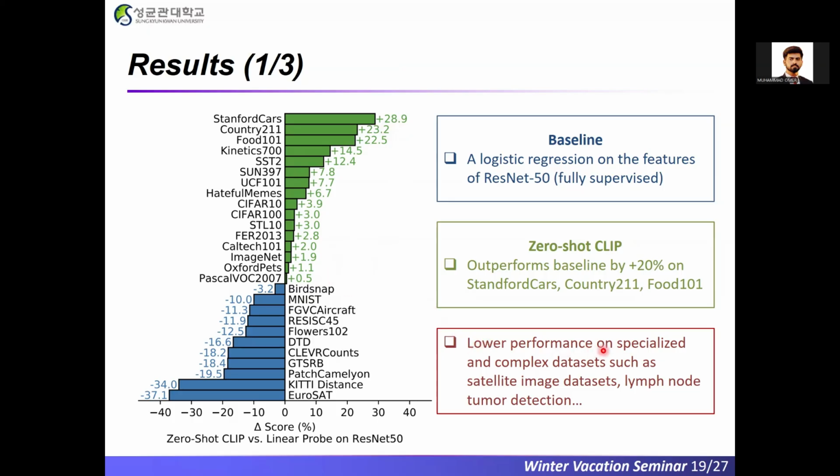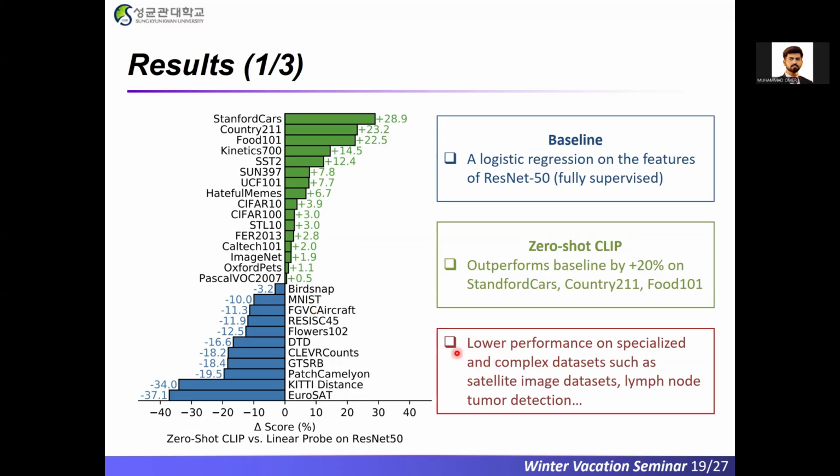And some of the lower performance is on specialized and complex datasets such as the satellite image task, lymph node and tumor detection. So these are some of the datasets, like for example, one dataset is about satellite images, and the MNIST dataset, we know this is about handwritten digits from 0 to 9.